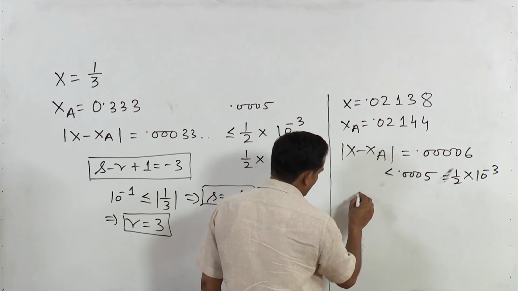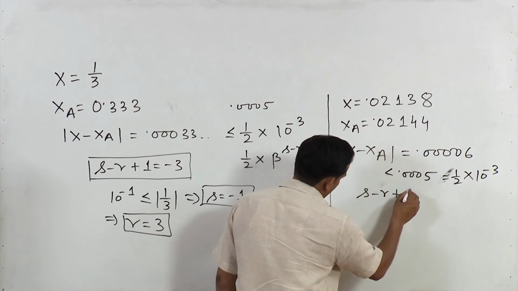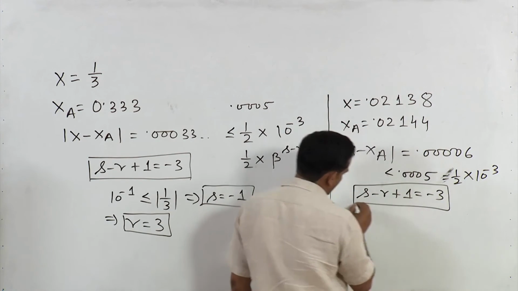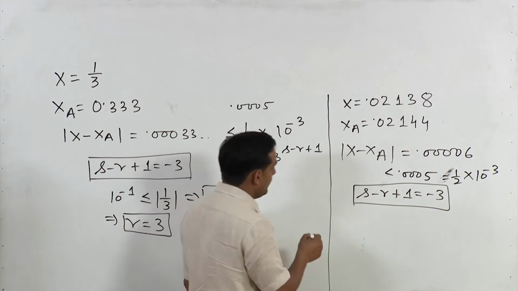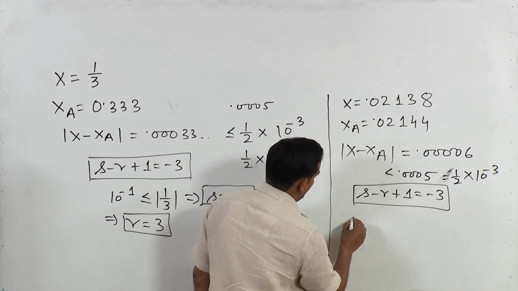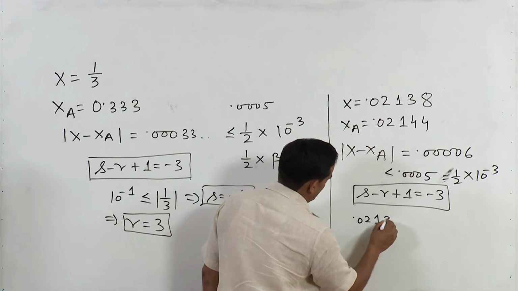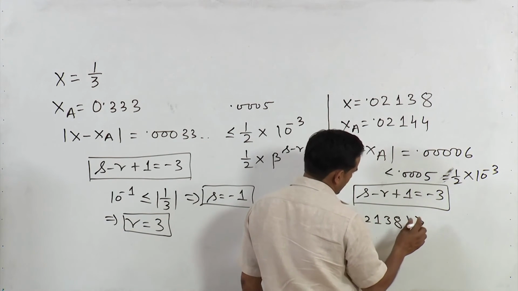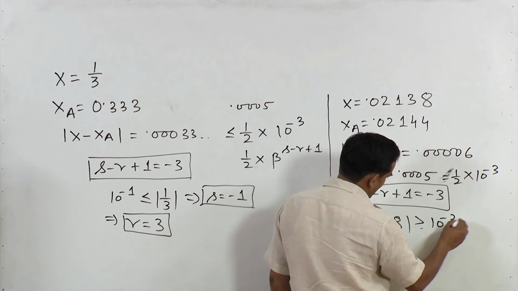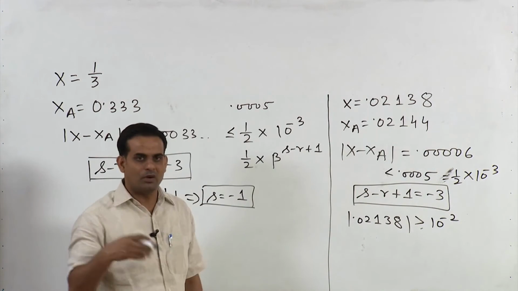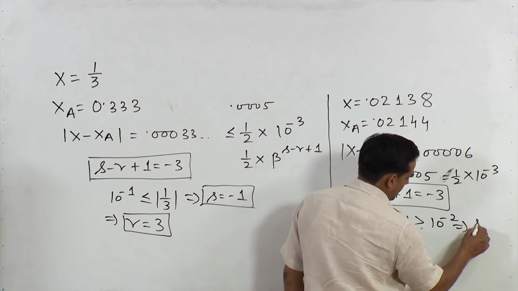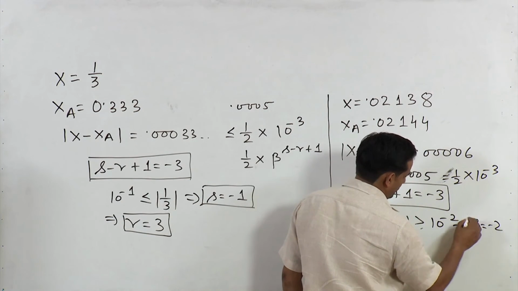Again, like the earlier one, s minus r plus 1 equals minus 3. Moreover, the true value 0.02138 is greater than 10 raised to power minus 2, that is 0.01, so this gives me s equals minus 2.